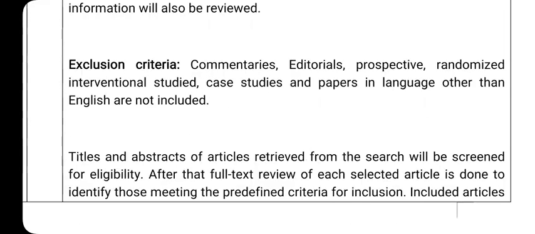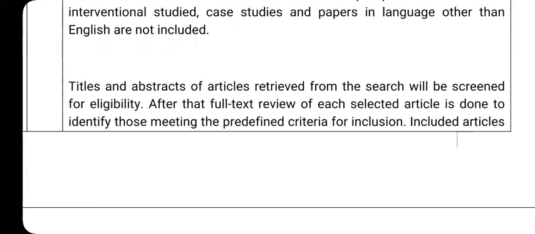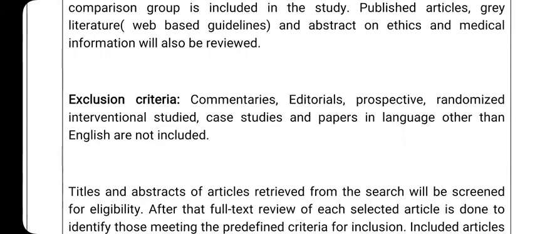Exclusion criteria: commentaries, editorials, perspectives, randomized control trials, interventional studies, and case studies. And papers in languages other than English will not be included. The titles and abstracts of articles retrieved from the search will be screened for eligibility, that is the inclusion and the exclusion criteria.